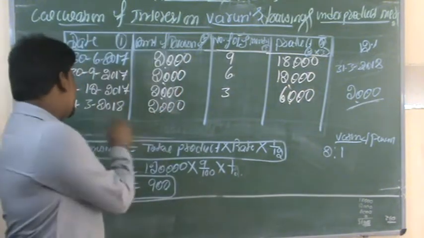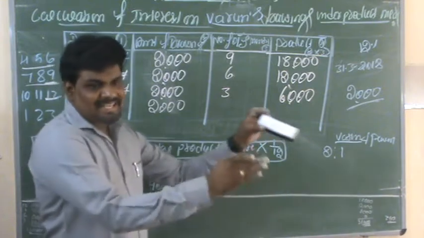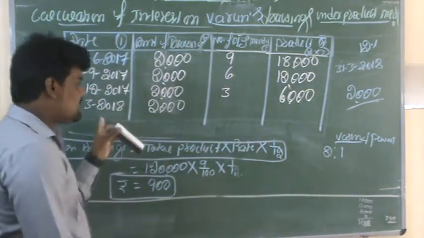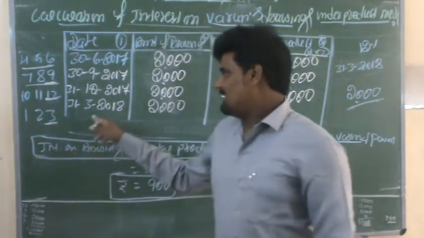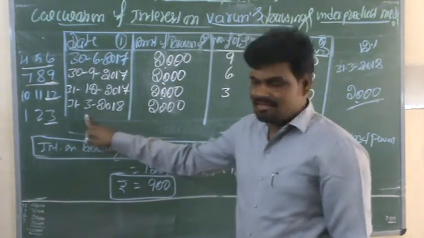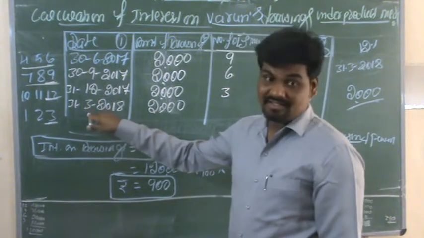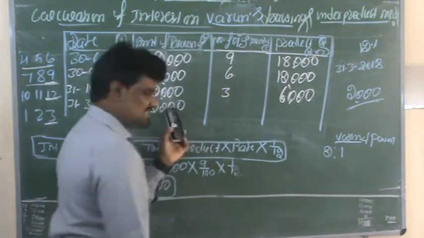Actually, they withdrew on 31st March 2018, but on the same date the books of accounts are closing, right? So for this purpose, no need to charge interest for this assessment year because this is the end of the assessment year. So in this assessment year, we are not able to charge interest on these drawings.